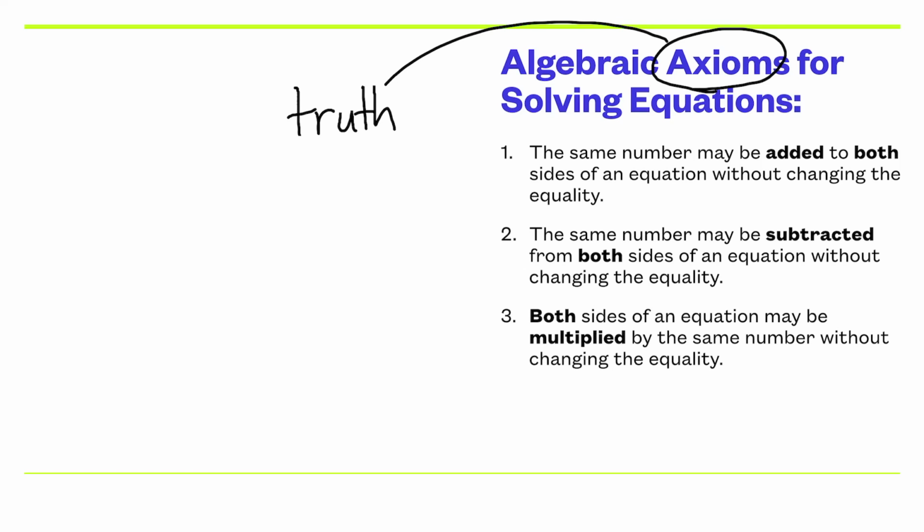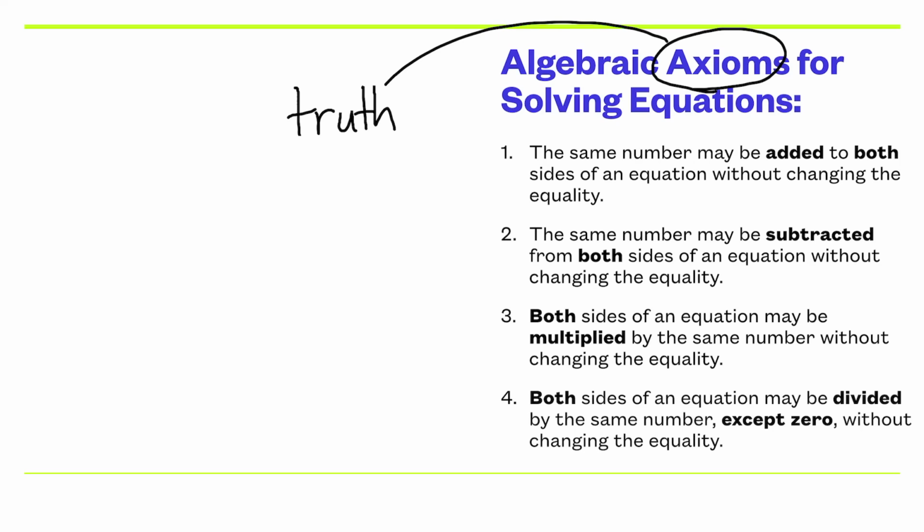Three, both sides of the equation may be multiplied by the same number without changing the equality. And four, both sides of an equation may be divided by the same number except 0 without changing the equality. Notice we have "both" in all four axioms, because what you do to one side of an equation, you must do to the opposite side.